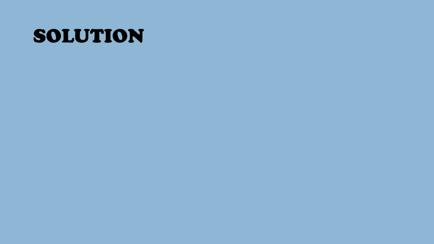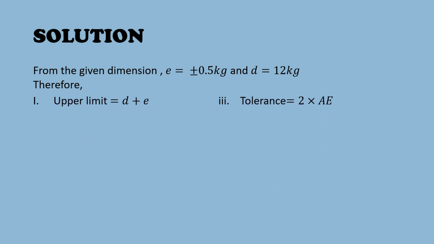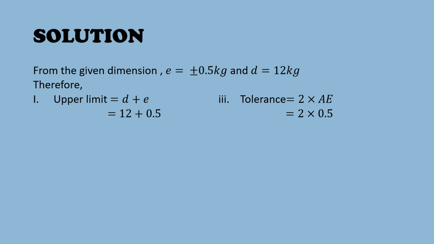Solution. Here we are. From the given dimension, error is going to be plus minus 0.5 kg and the true value is 12. Therefore, upper limit is going to be true value plus error. So upper limit is 12 plus 0.5, which is going to give us 12.5 kgs. Least possible mass, which is equivalent to lower limit mass, is going to be dimension take away error, which is 0.5.